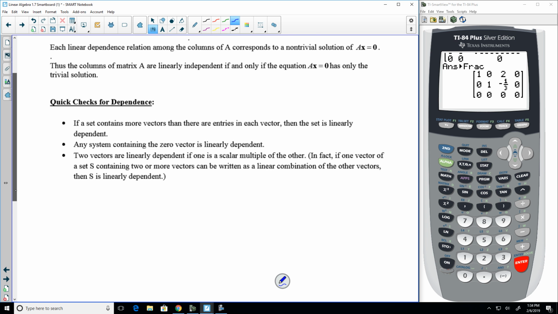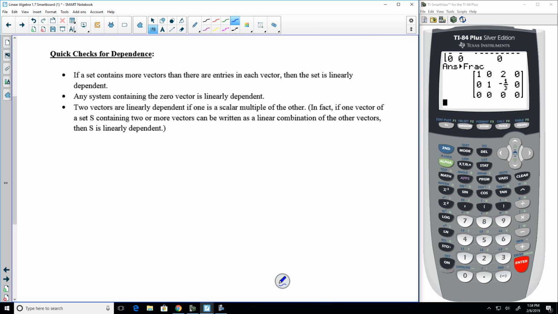Okay, we already talked about all that stuff. So here are some tips to help you check dependence. If a set contains more vectors than there are entries in each vector, then the set is linearly dependent automatically.